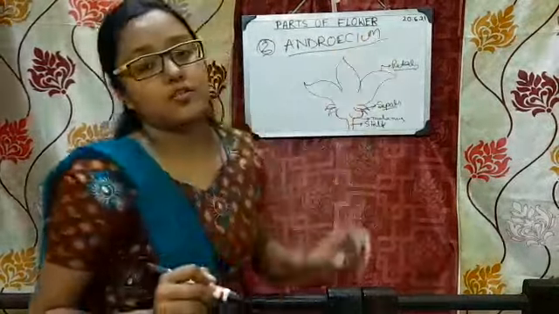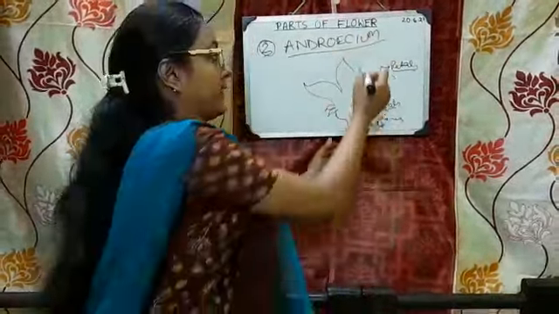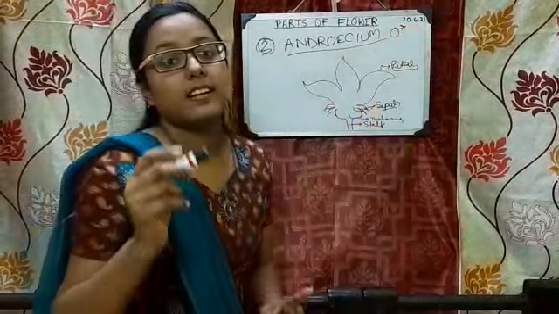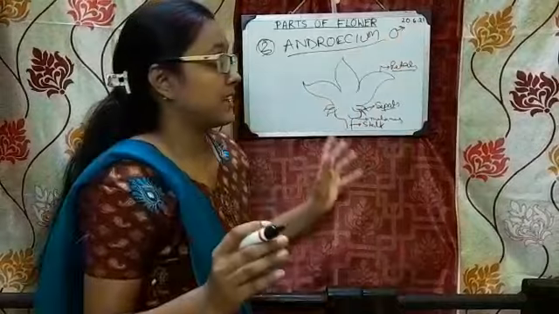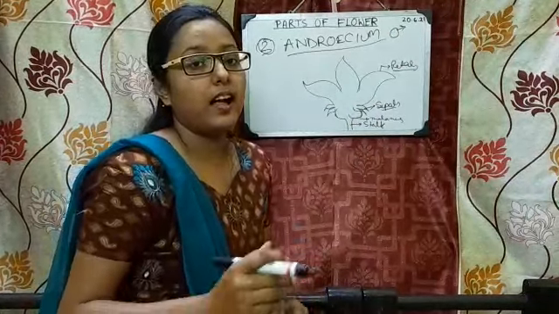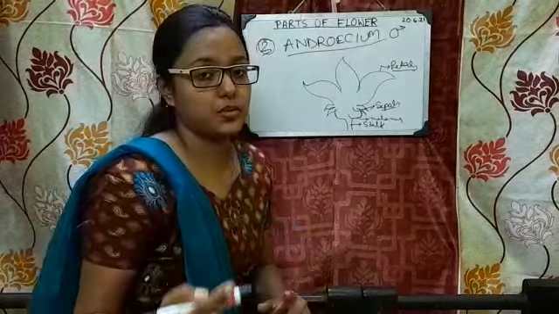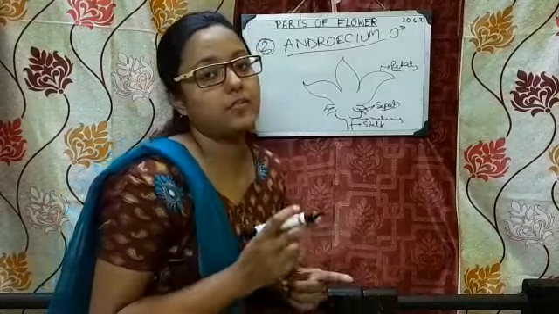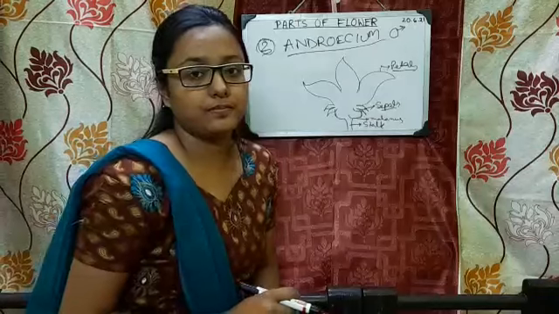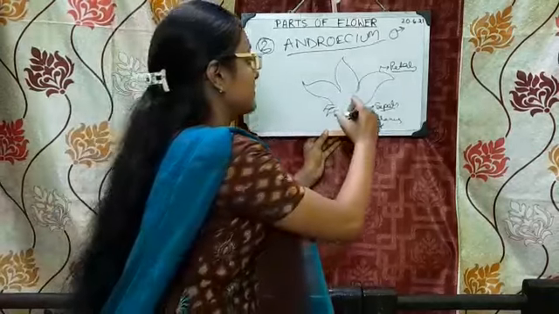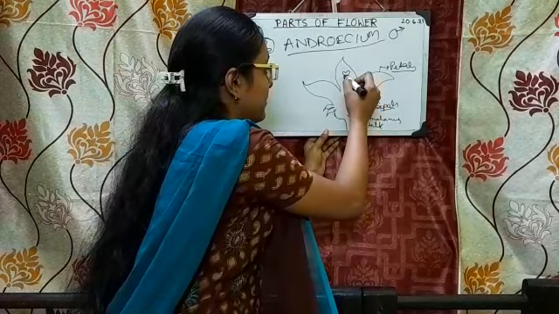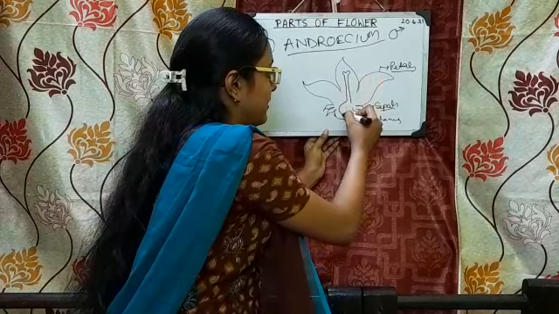It is composed of stamens, and stamens are further composed of anthers and filaments. So they together form the androecium, which is the male reproductive part of a flower.